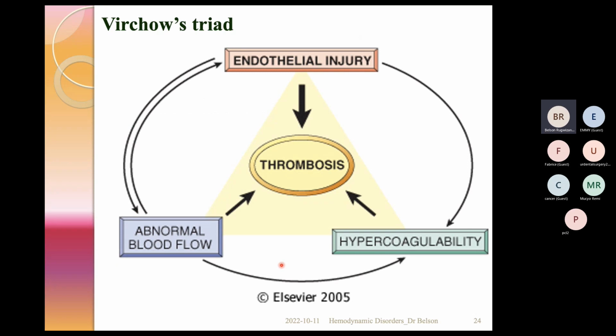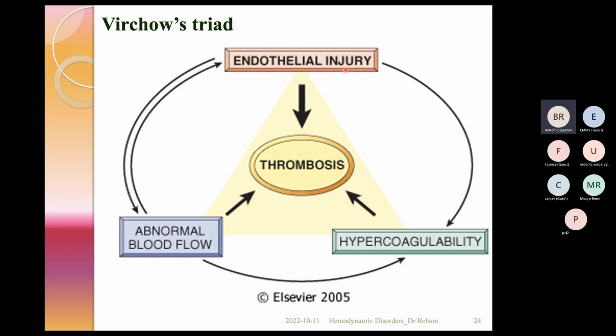I said there are three conditions known to initiate thrombosis. They have been defined by someone called Virchow. This is the history of pathology. Virchow's triad: there are three things which always work together to cause a thrombosis.